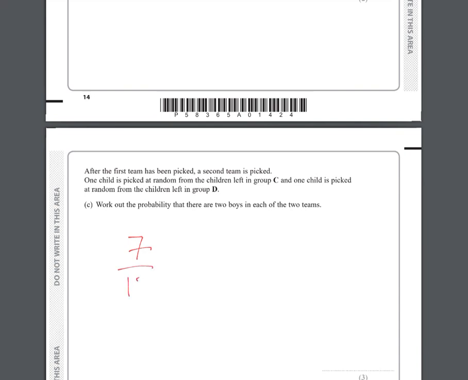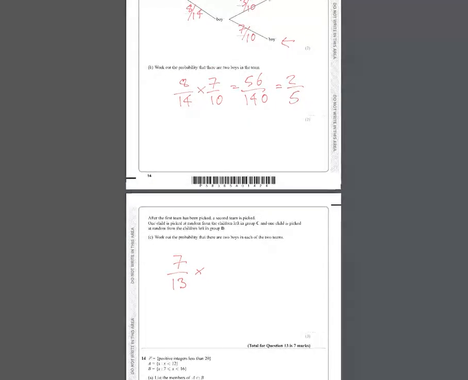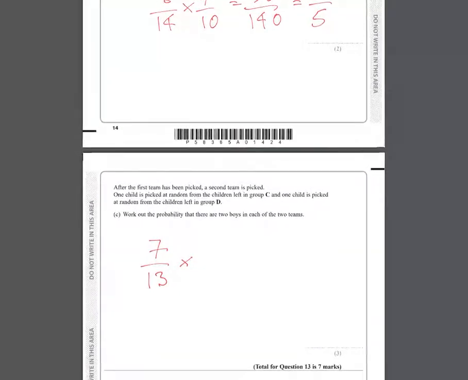From the first one, times, and there are now 6 out of 9 in the second one, so that's 42 out of 117. And we've got to get both.